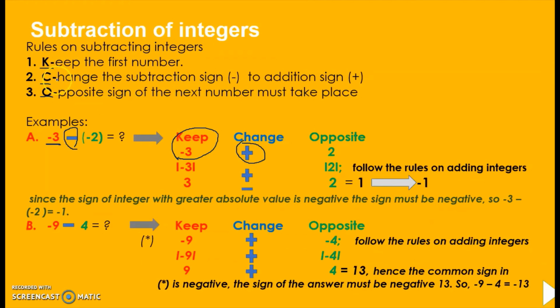The third part is take the opposite sign of the next number. As you can see here, it is negative 2, so that is why it must become positive 2, or 2 only. Take note that there is an invisible positive sign here.